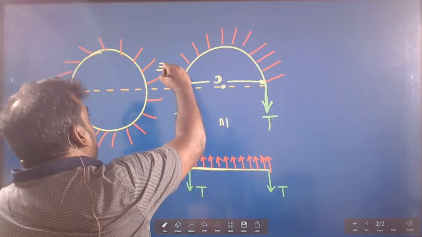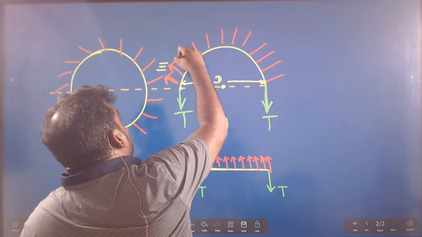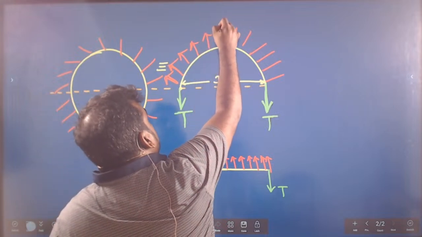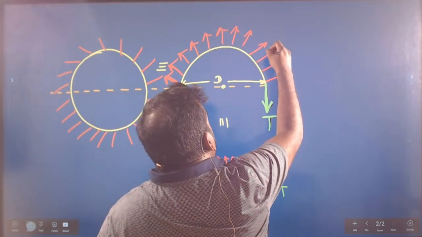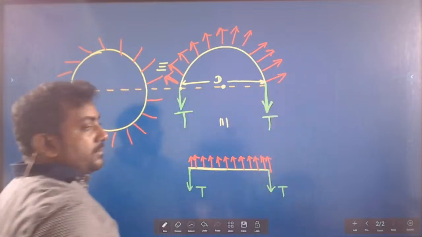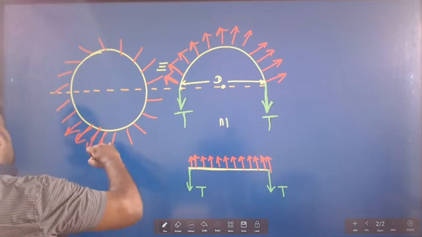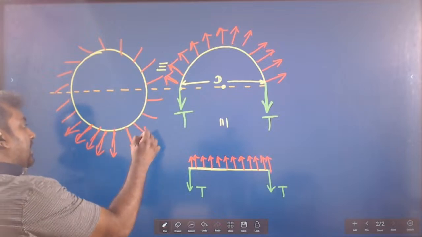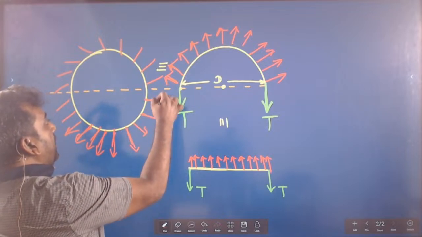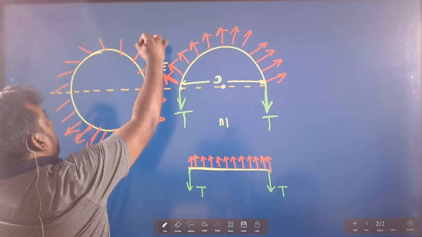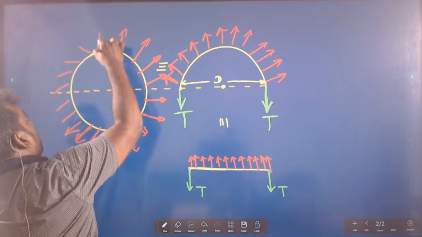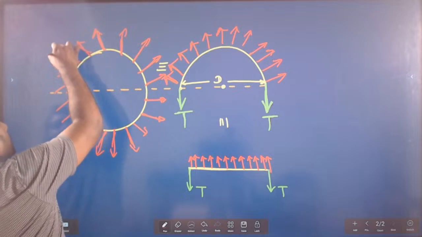So remember here, surface tension is pulling it in all directions. They are directed towards the center, but they are being pulled in all directions. So there you go.